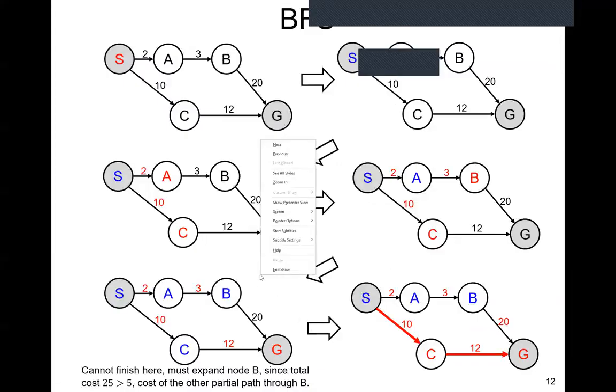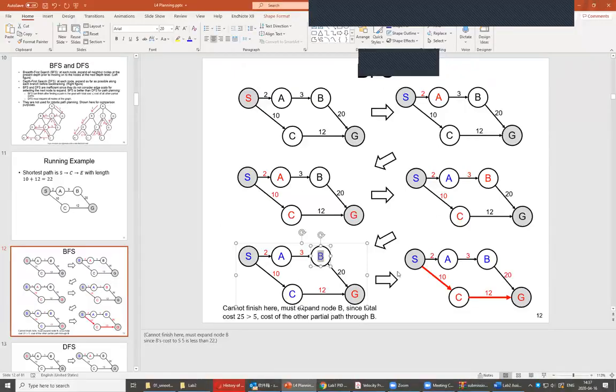Okay, S to A, A, C, B. After B, you have G. So you traversed this path.